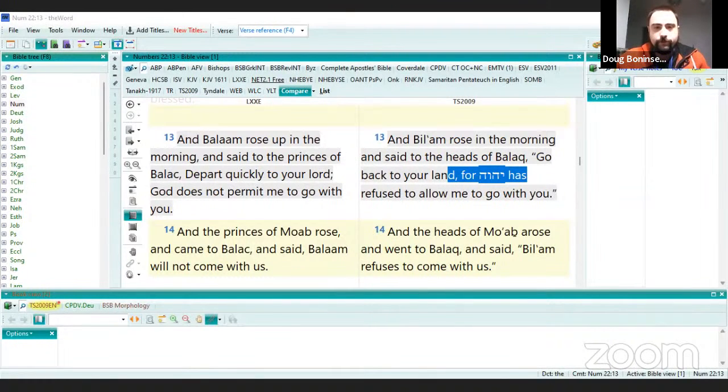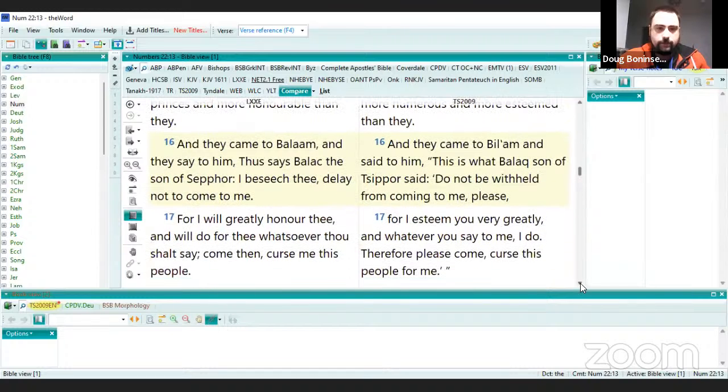Then if we go to verse 23 in Numbers 22.